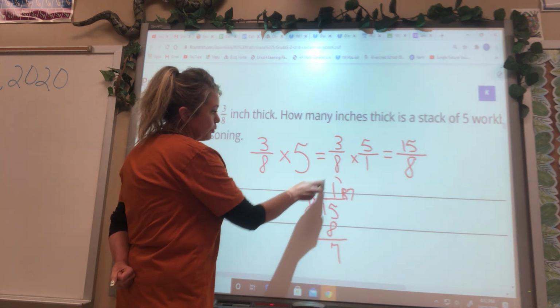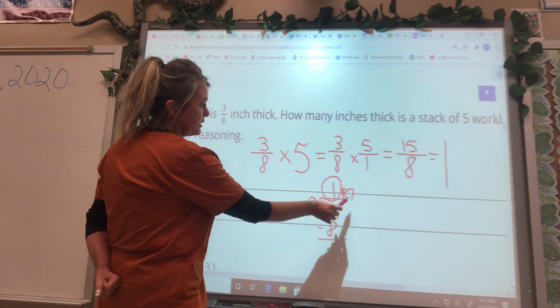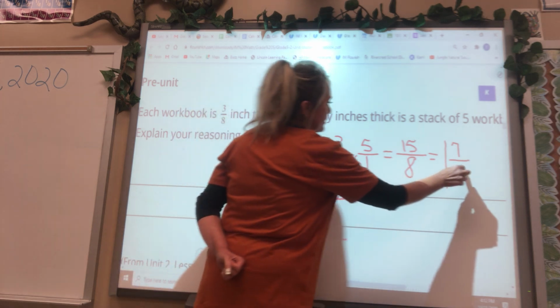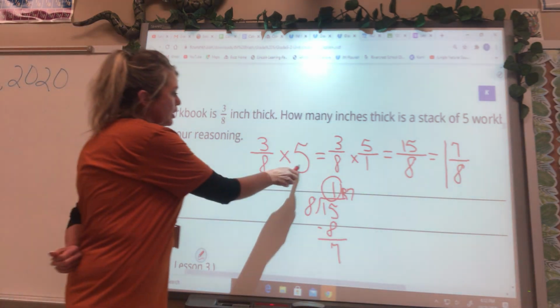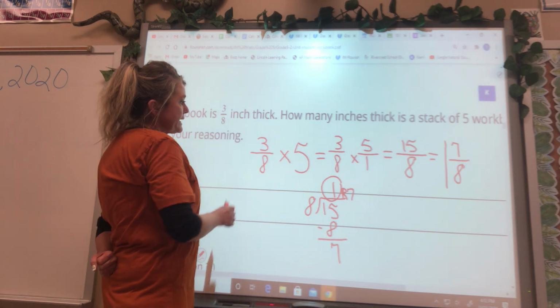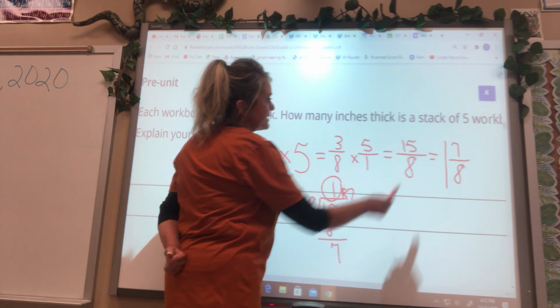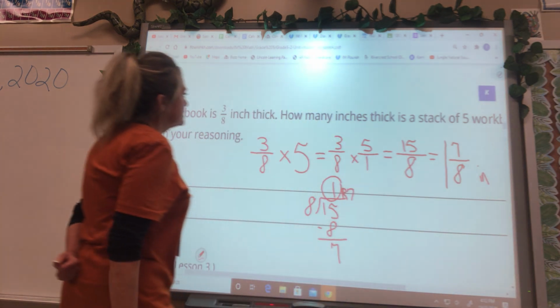So we would have 1 whole one and then 7 remaining out of 8. So 5 workbooks that were 3/8 inch apiece would be 1 7/8 inches thick.